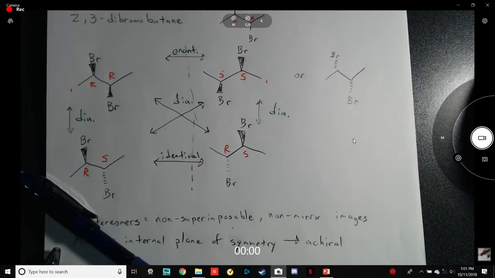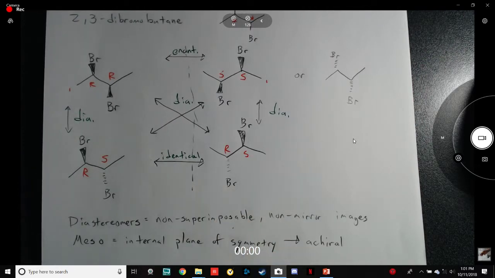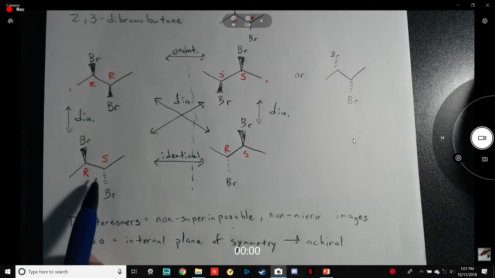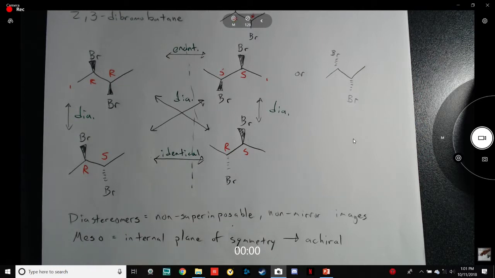Ignoring anything like scars, birthmarks, tattoos, that kind of thing. Your body is meso because you have a plane of symmetry right down the middle. So things like the human body are meso, and molecules like that have an internal plane of symmetry. While being a lot more simple, they're achiral for the same reason, that they have an internal plane of symmetry.